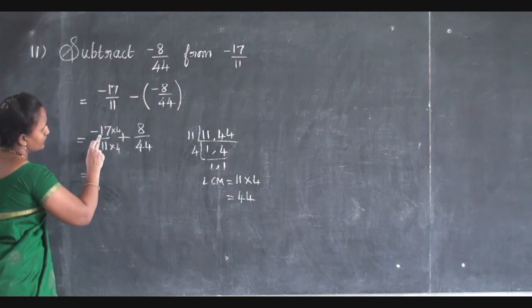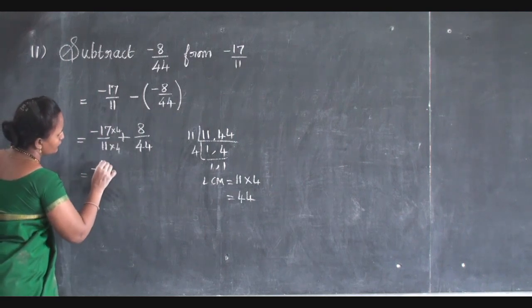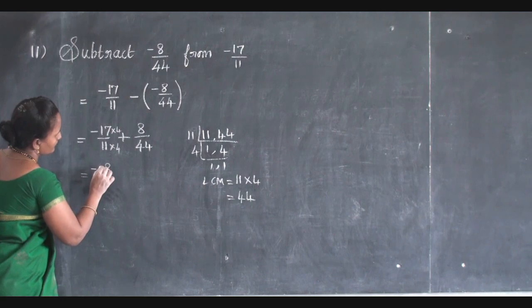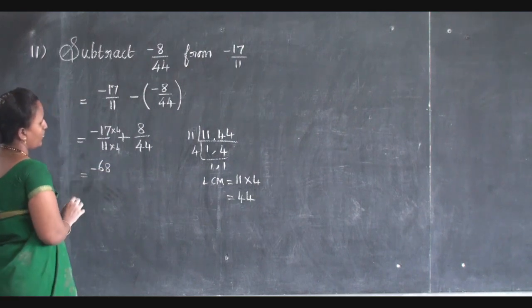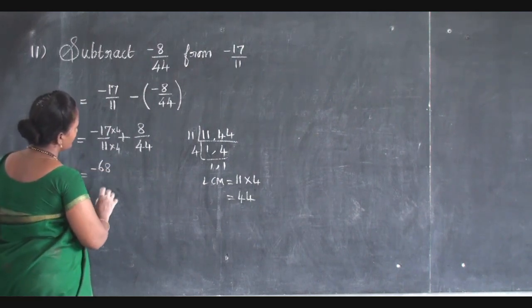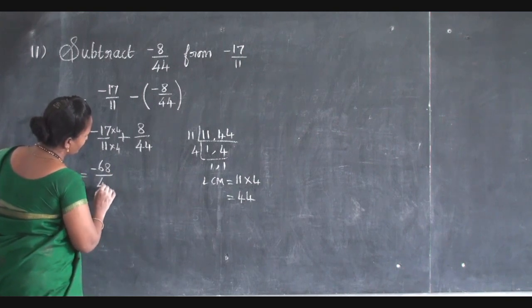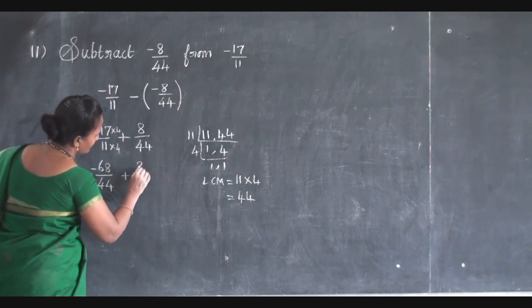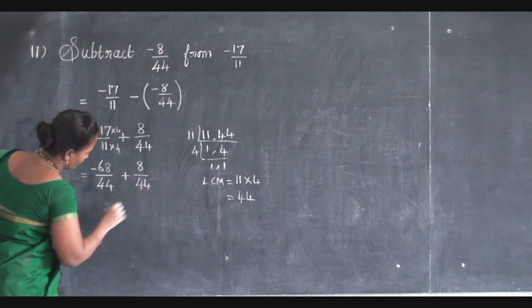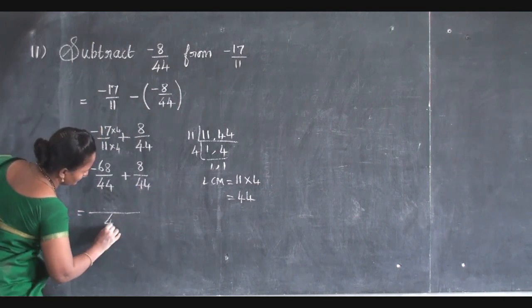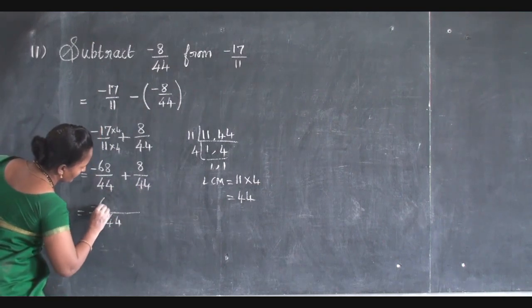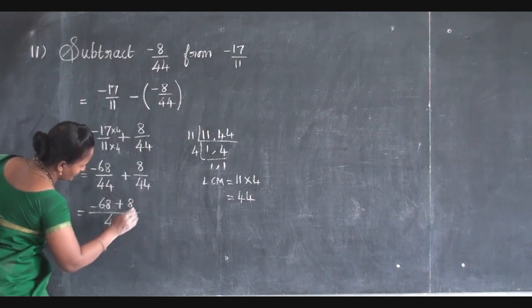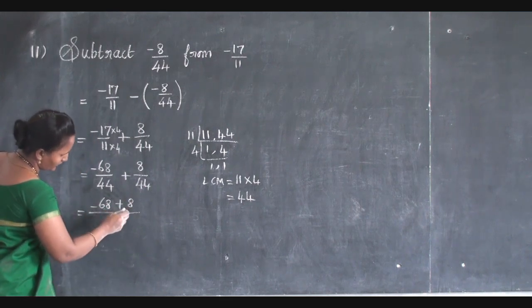Minus 17 4s are 68 by 44. Put in common and add this number. Minus 68 plus 8.